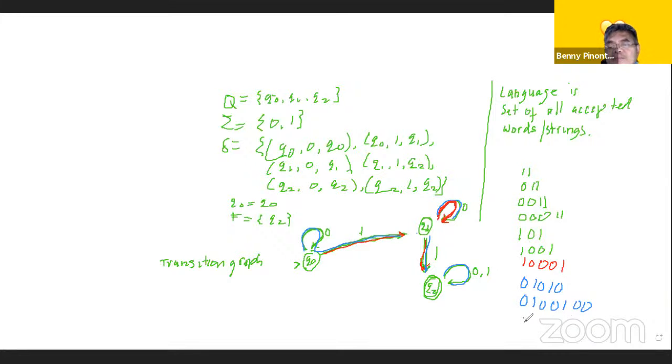Now question, for example, 1, 1, 1, is it accepted or not?